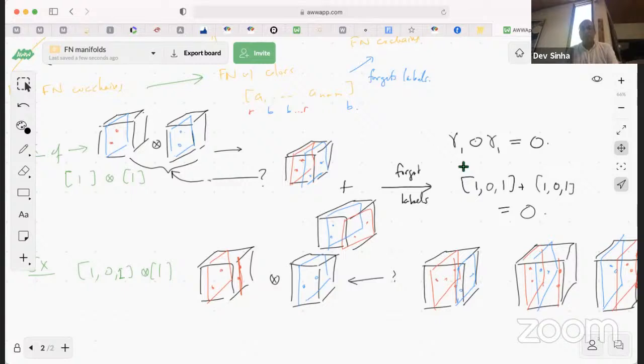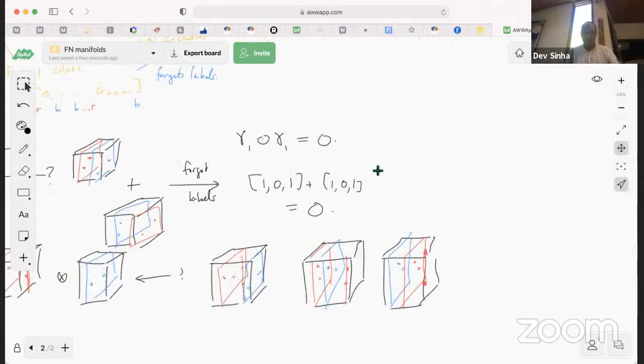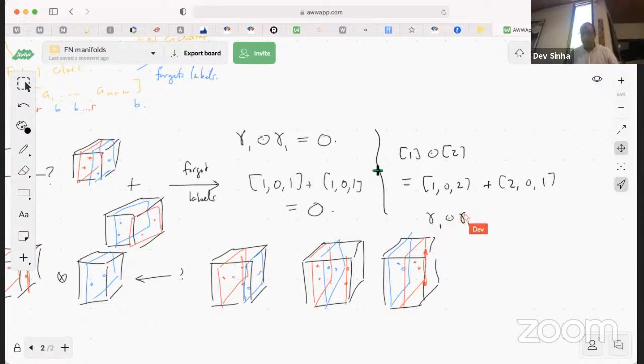So, let me do another example on the side. But 1 transfer 2 is going to be 1, 0, 2 plus 2, 0, 1. And I claim that that's going to be reflecting that gamma 1 transfer gamma 1 squared is, well, gamma 1 squared.